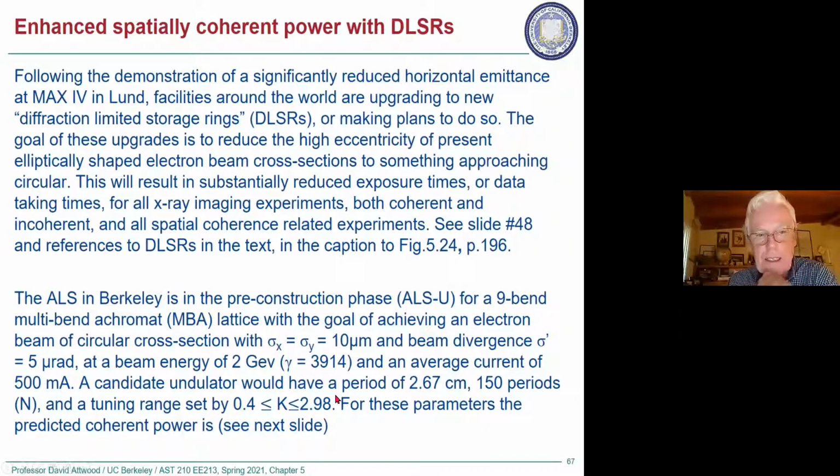And the undulator that they're basing their numbers on has 150 periods divided by 89, squared. It says they're going to get another factor of 2.8. So those are 3 factors that contribute to why they say they're going to get something of order 100 increase in coherent power and in spectral brightness. So this was really introducing the homework problem.